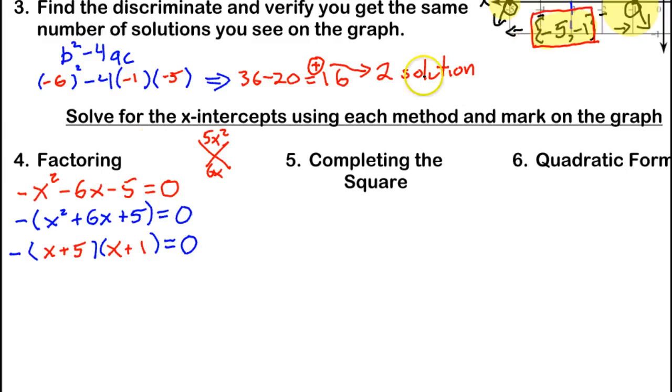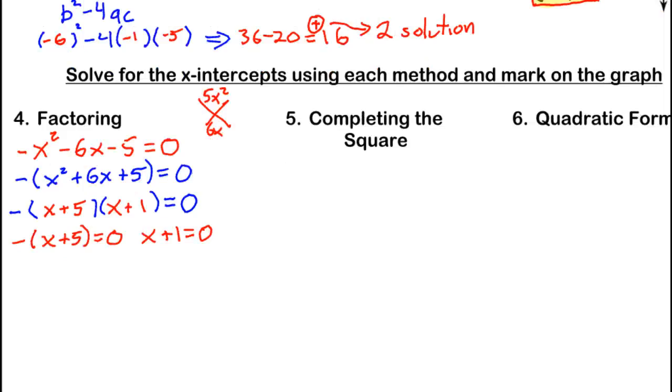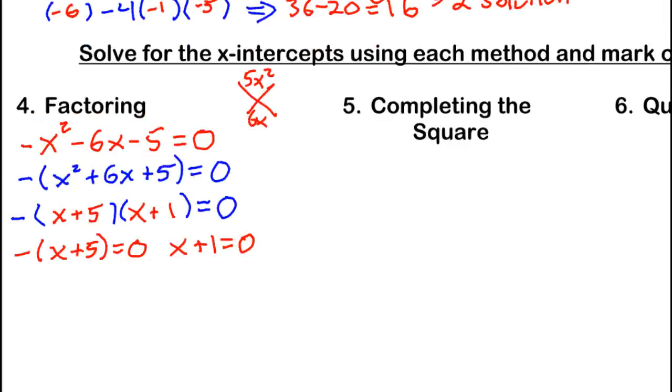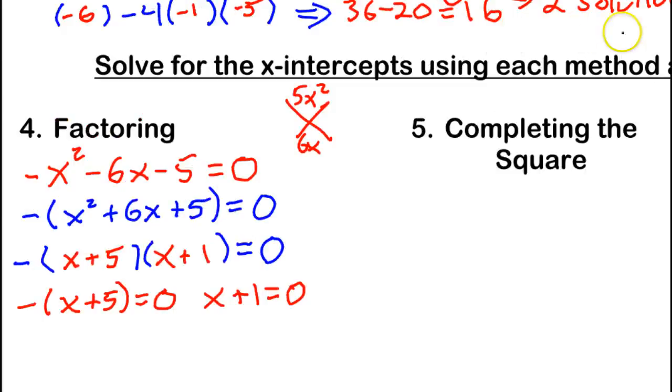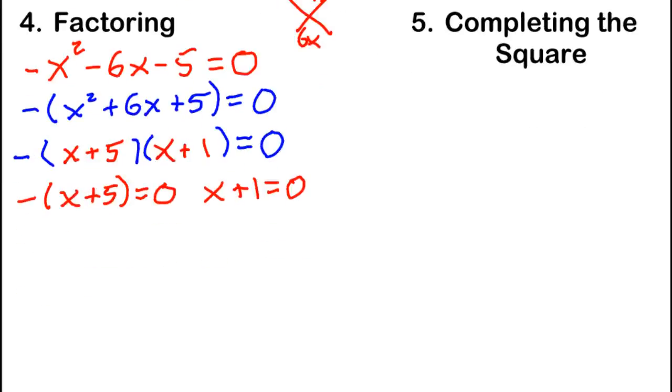So yeah, everything matches. So we have negative, x plus 5 equals 0, and we have x plus 1 equals 0. Solve each one.